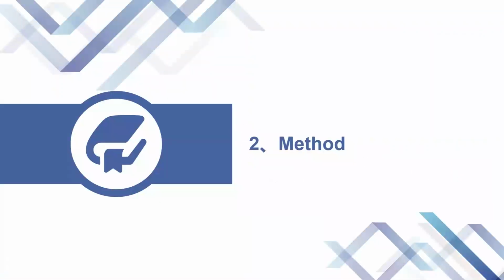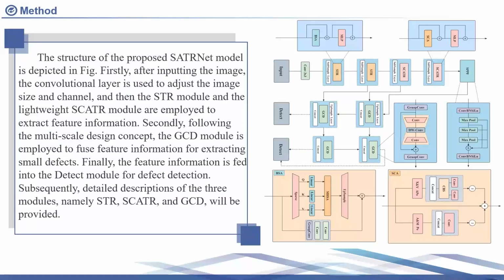Part 2. Methods. The structure of the proposed SATR-net model is depicted in Fig. Firstly, after inputting the image, the convolutional layer is used to adjust the image size and channel, and then the STR module and the lightweight scatter module are employed to extract feature information.